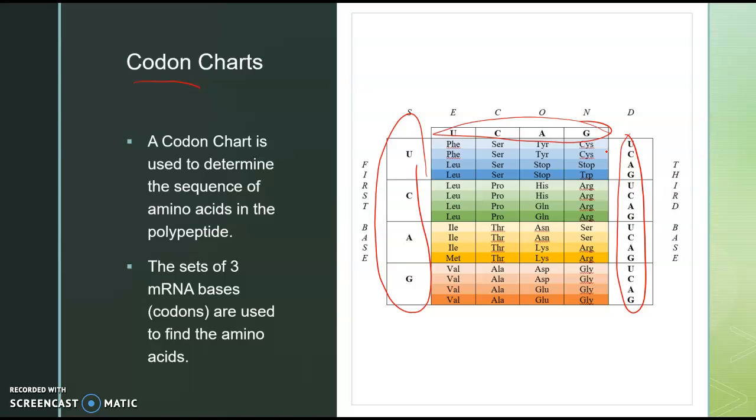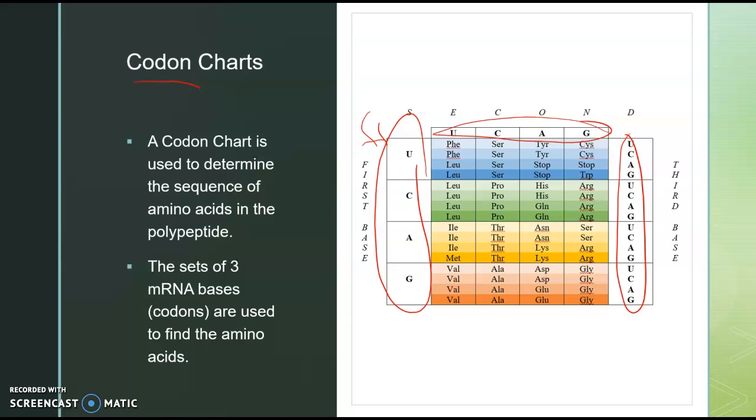These are the bases you can have: uracil, adenine, guanine, cytosine. These are your RNA, your mRNA bases. And when you have 3 of them together, then you're going to have a codon.